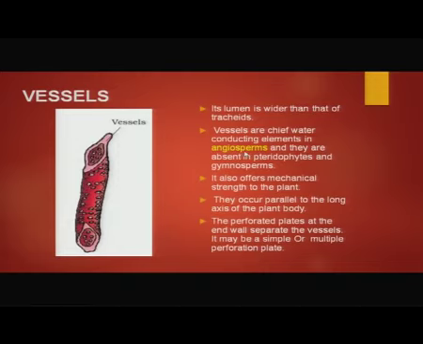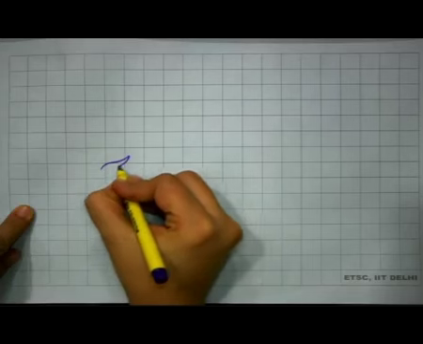Tracheids are also there in angiosperms, but vessels are the chief conducting elements there, and they are absent in pteridophytes and gymnosperms. They offer mechanical support also, and they occur parallel to the long axis of the plant body, forming up a tube.